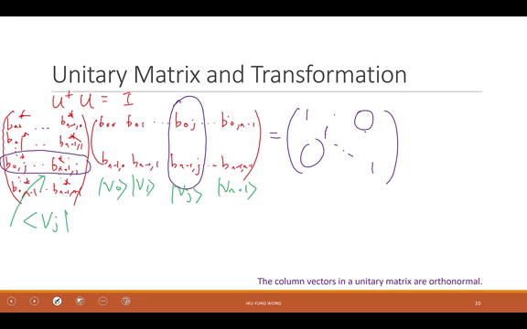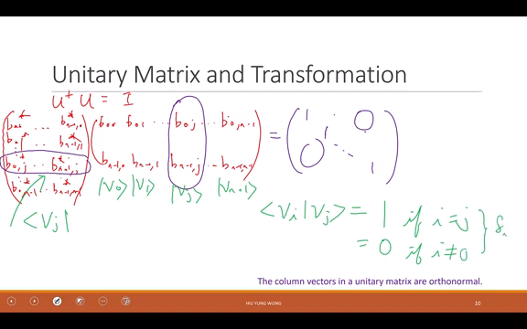That basically says that for any column Vi, Vi dagger Vj equals 1 if i equals j, and otherwise equals 0 if i is not equal to j. And this is which symbol again? Kronecker delta symbol, delta ij.